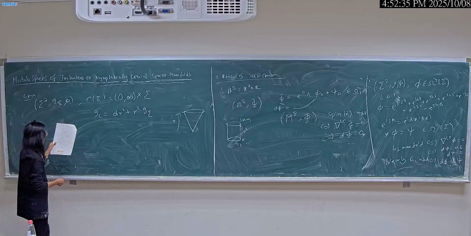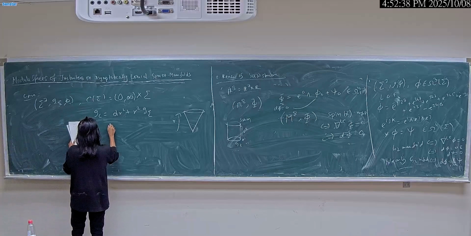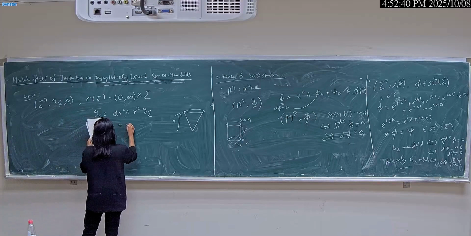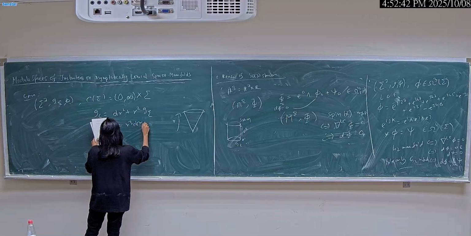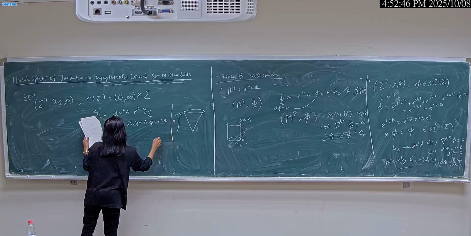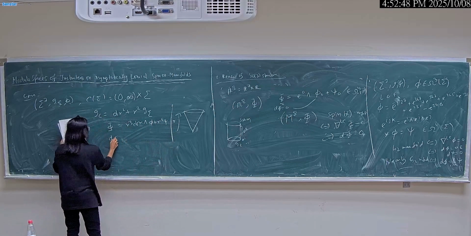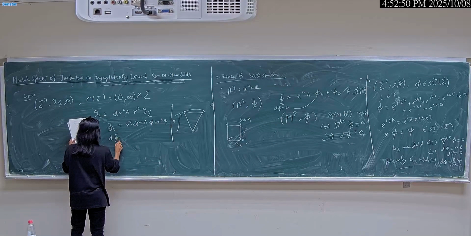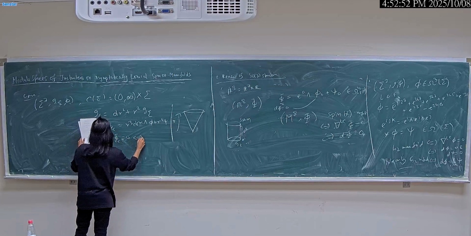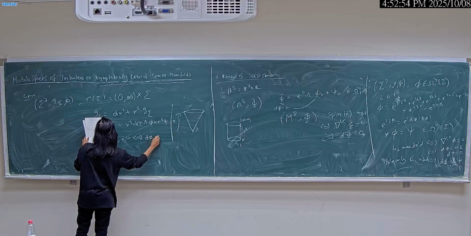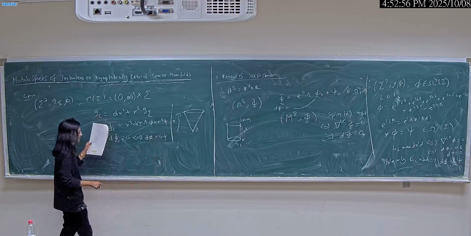Right? That's the conical metric. And then the Spin(7) structure is r cubed dr wedge phi plus r to the power 4 psi. And then you can show that this is closed if and only if d phi equals 4 psi.